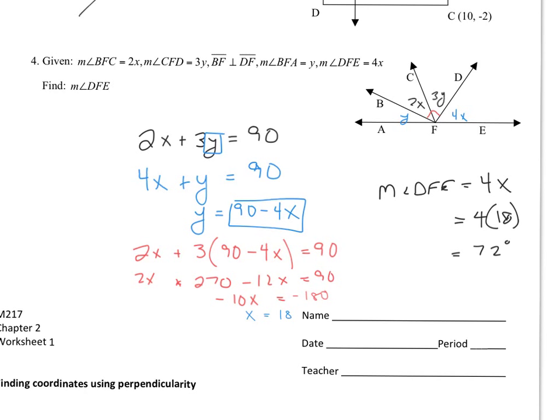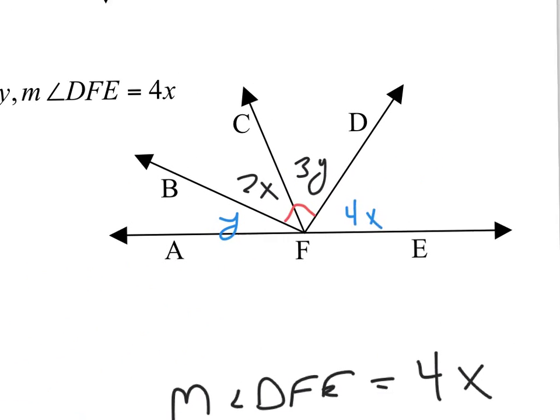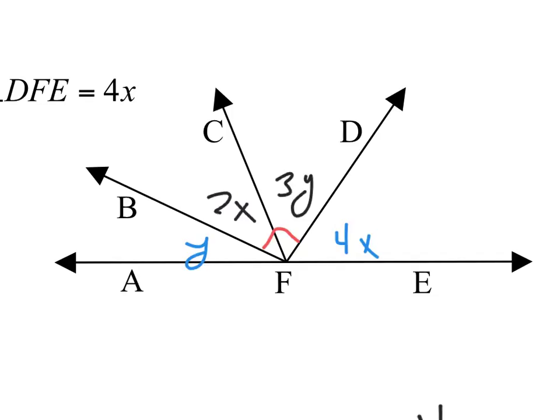So then going back up to the diagram, if I know that this angle here is 72 degrees, I can go back and know that y has to be 18 degrees because those two have to add up to 90.